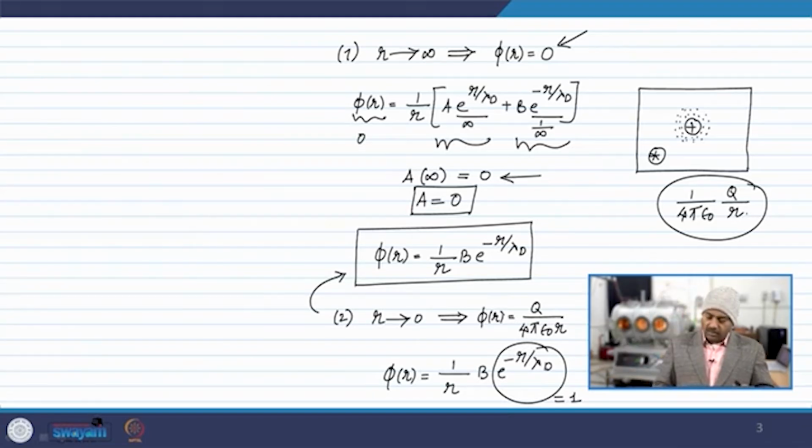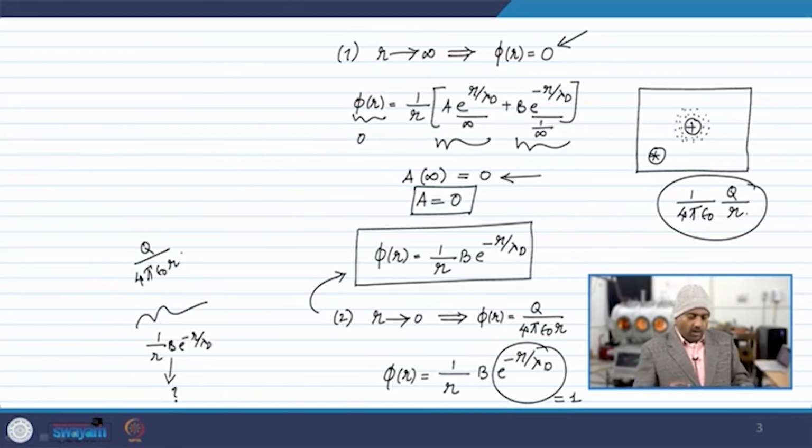So, in that case we have 1 by r times b e to the power of minus r by lambda d. We still do not know what b is. If all of this has to be equal to q by 4 pi epsilon naught r, then we said this factor has to be equal to 1 and this b has to be equal to q by 4 pi epsilon.